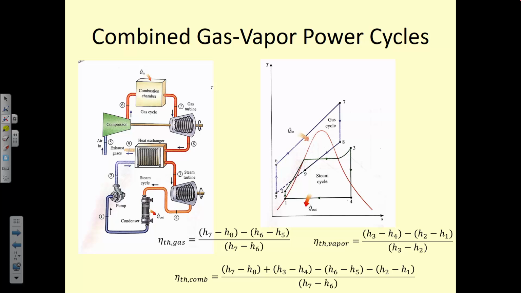So combined cycles look like this, where you have your combustion chamber for your gas turbine or your gas power cycle, which you combust these gases, they flow through the gas turbine, and as they come out, they're run through a heat exchanger. And usually it's a counterflow heat exchanger, meaning that it's coming in hot on this side for the gas and leaving at a cooler temperature on the other side, whereas the water's coming in cold on this side and coming out warmer to go into the steam turbine.